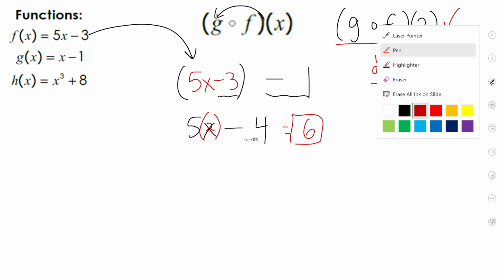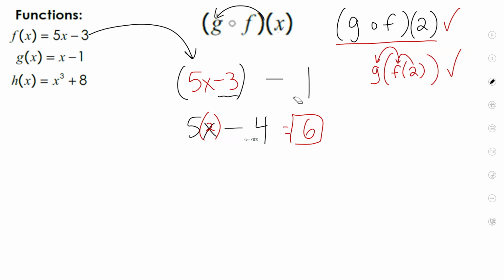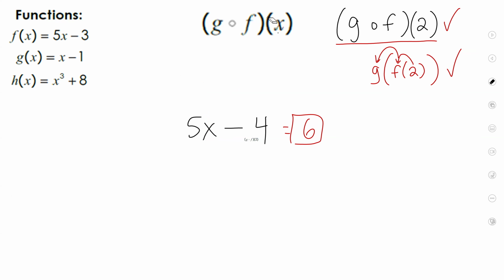Question, real quick. Actually, not a question. I just want to show you something. This is what we had when we did the composition. We plugged in a 2 and got 6. What you can also do is work backwards. Put the 2 inside of f. So let's put a 2 inside of f.